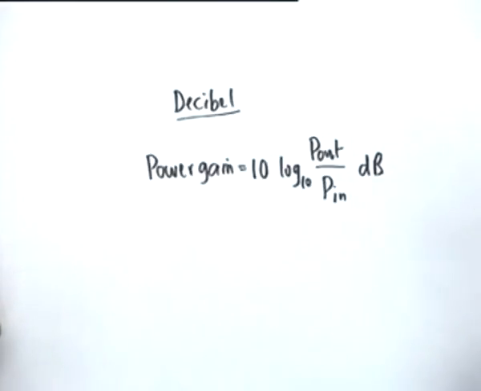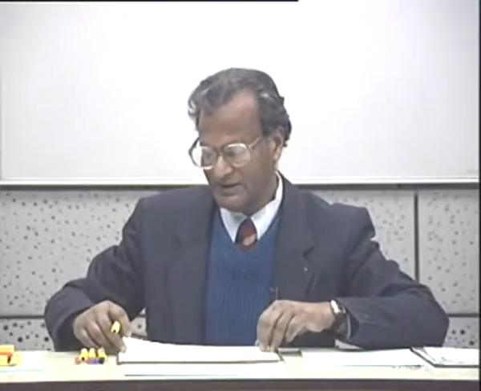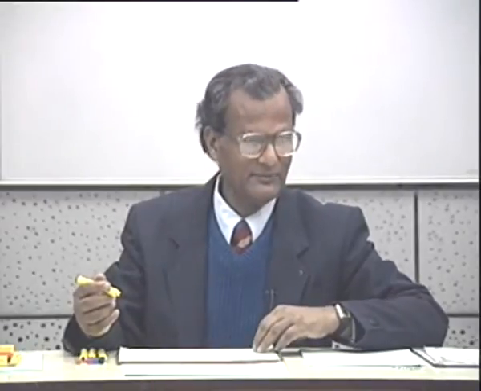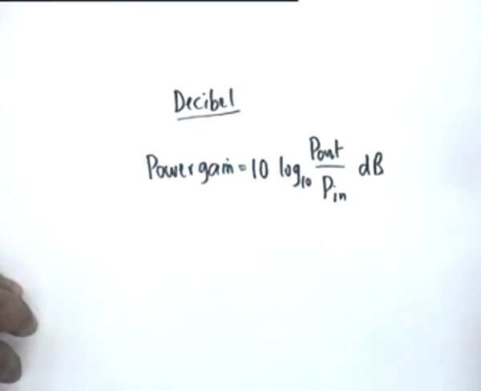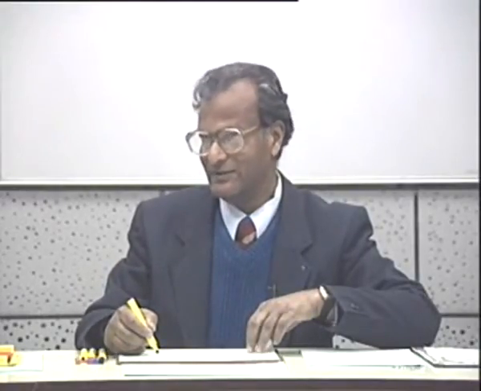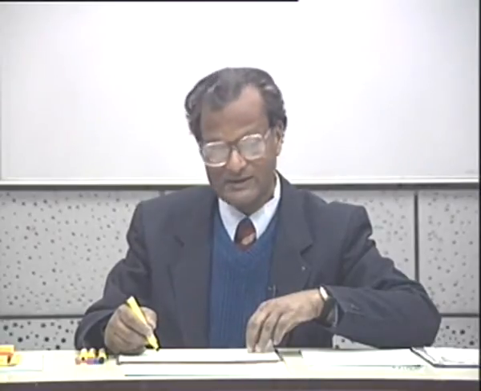Okay, many people make this mistake. Capital B stands for Bell, B-E-L-L, Alexander Graham Bell, and D is deci, as in centi, milli.